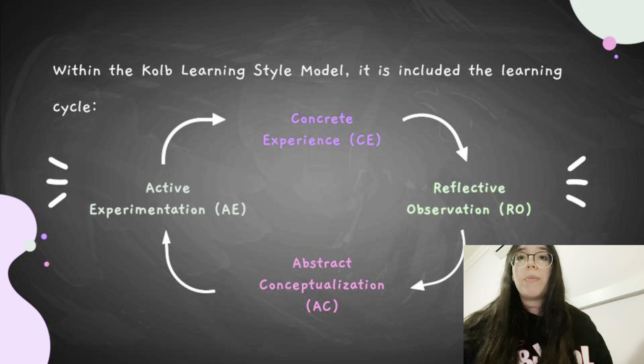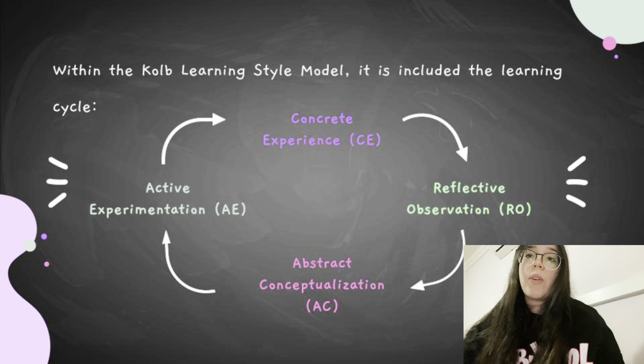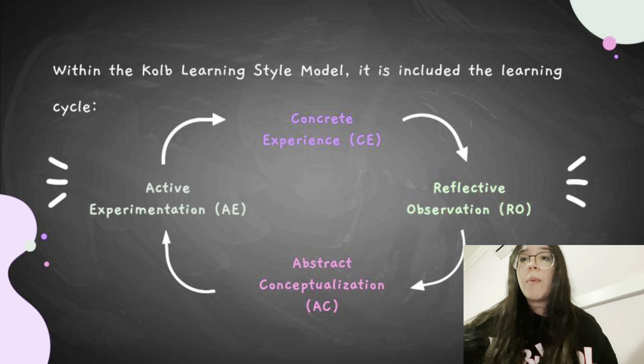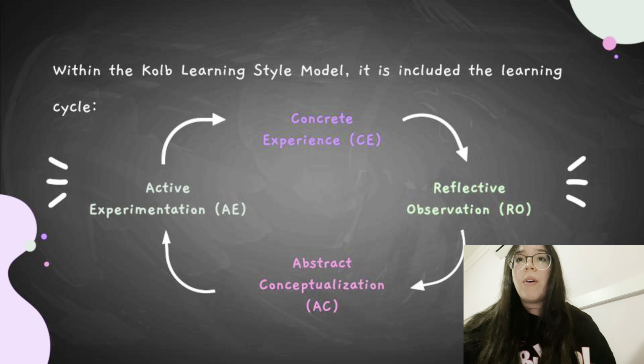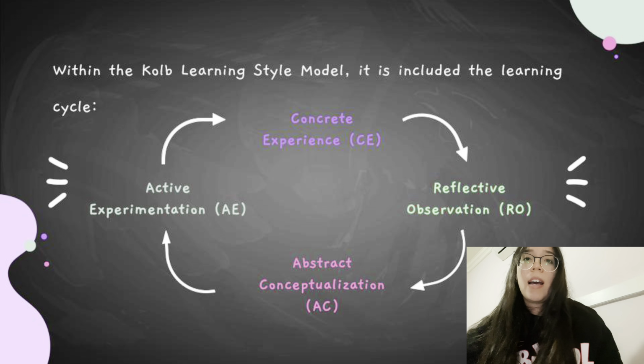Abstract conceptualization mode describes people who think more than they feel, it is the opposite of concrete experience. The activities that can be used are lectures, papers, or analyses. And finally, the active experimentation mode.